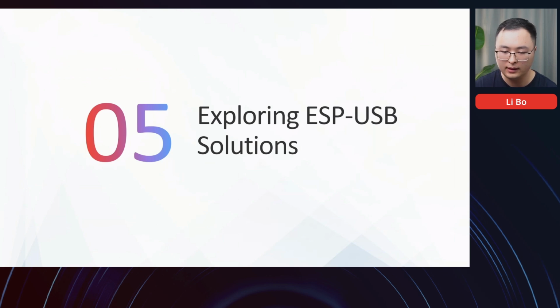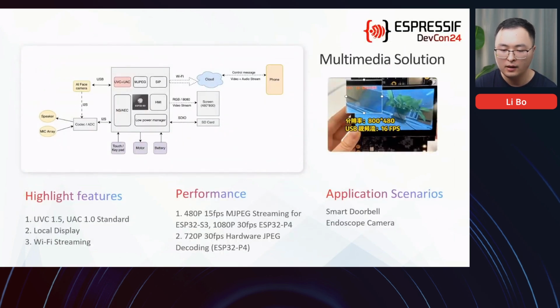Okay, the last part is about USB applications. I will introduce some USB applications or solutions based on the USB chips developed by the application team. The first one is USB multimedia solutions, which is designed for the S3 and the P4 chips.